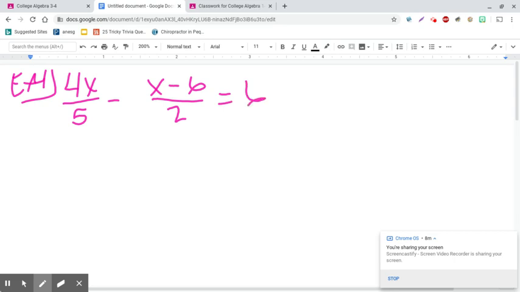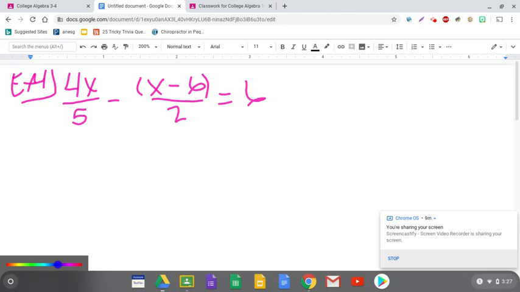All right, guys, the only thing really different with this is you're subtracting a binomial over something. So what I like to do is whenever you're subtracting, I like to put that in parentheses because you're subtracting the whole thing. It's nicer that way. That's just how I do it. I hope that you do that too, because I think it makes it easier.